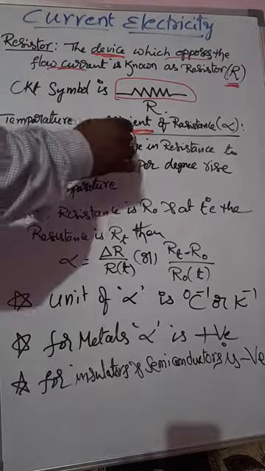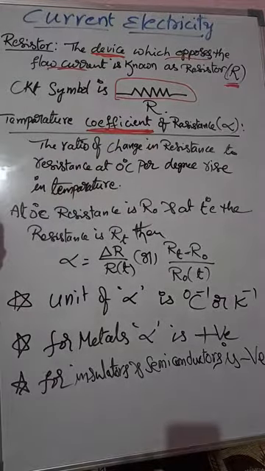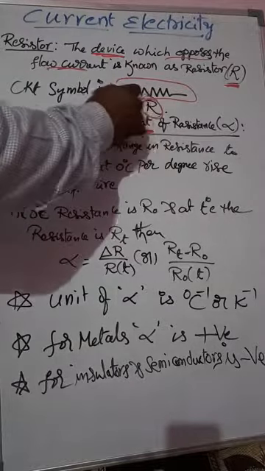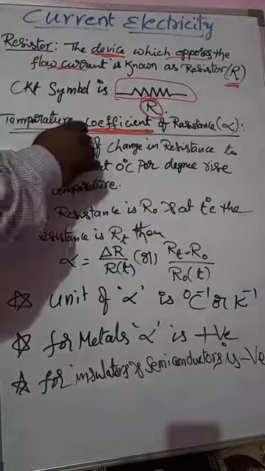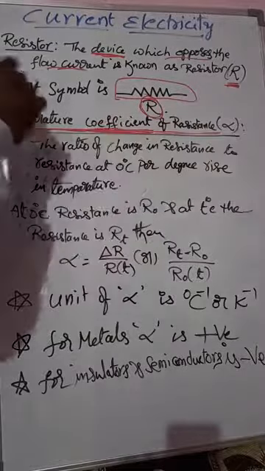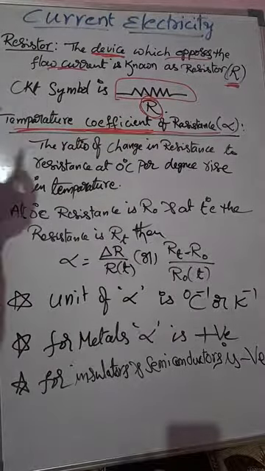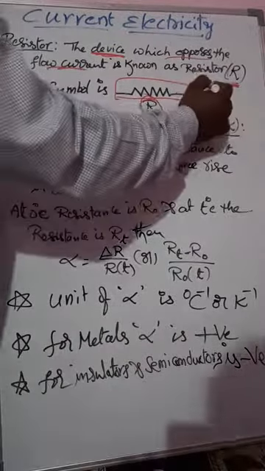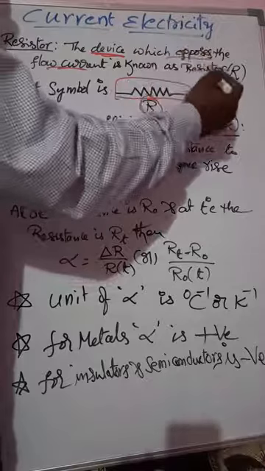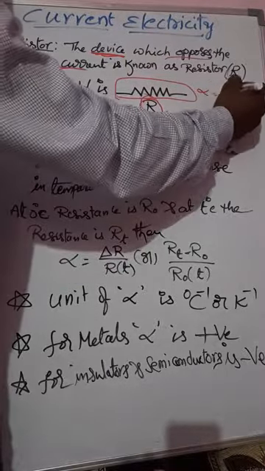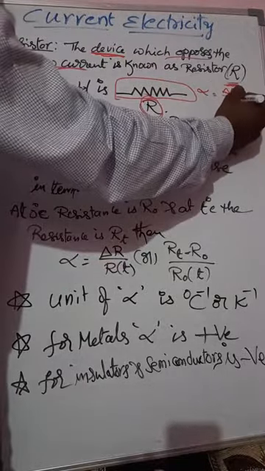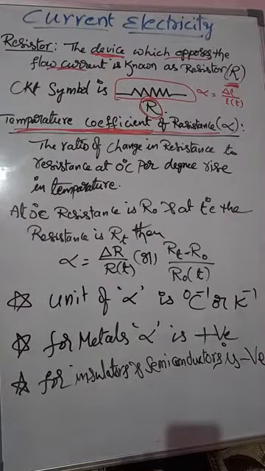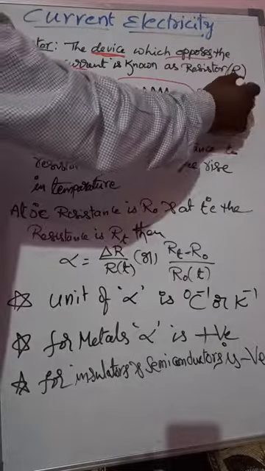In the heat part, alpha equals change in length to original length per 1 degree rise in temperature. Do you remember this?